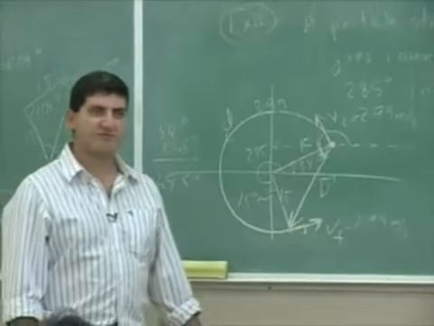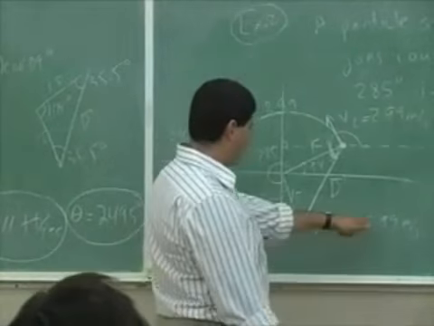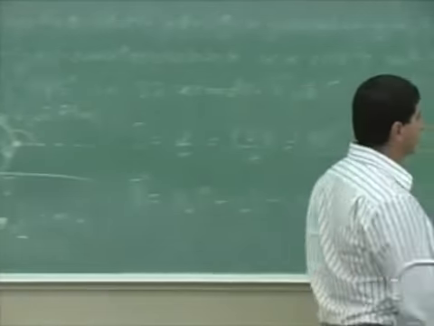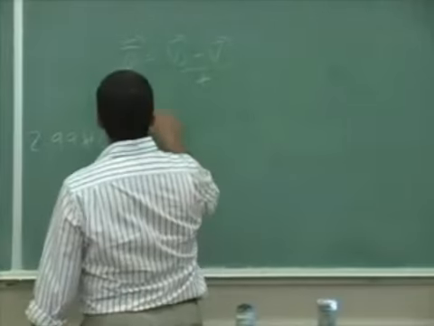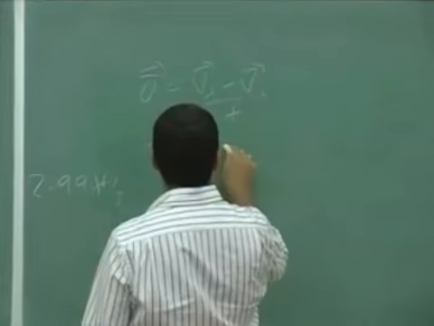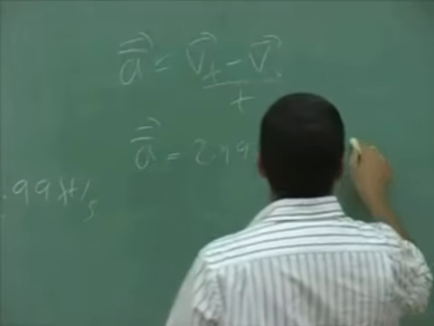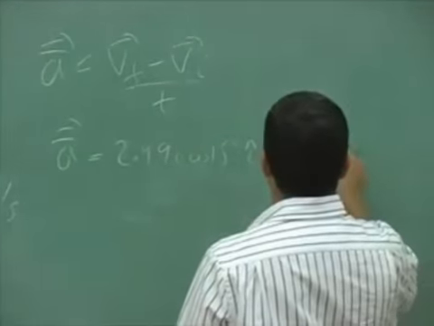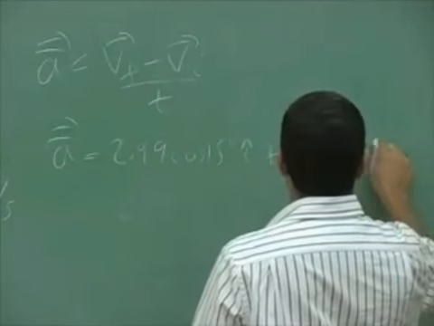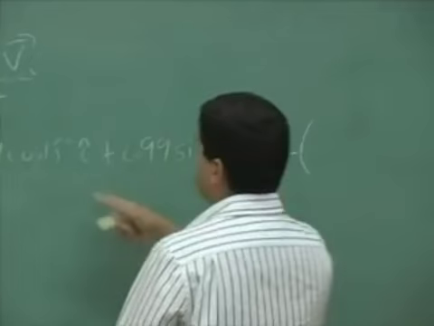Okay, so break this down. V final, therefore, is equal to 2.99 cosine 15 i hat plus 2.99 sine 15 j hat, minus V initial.